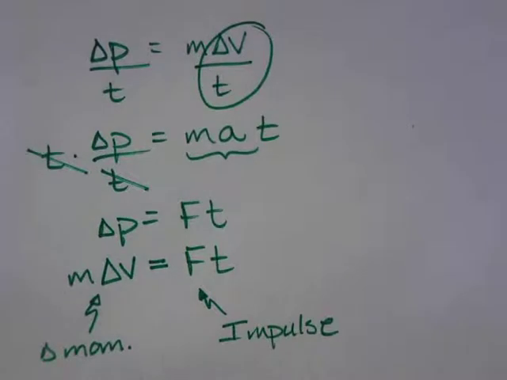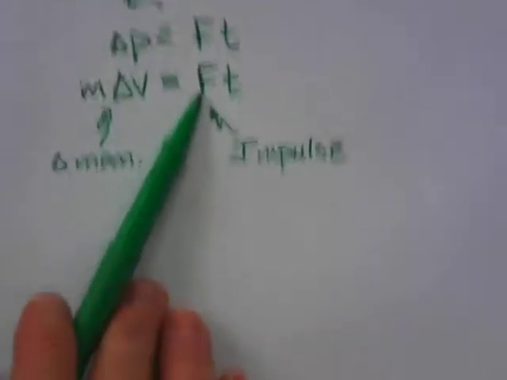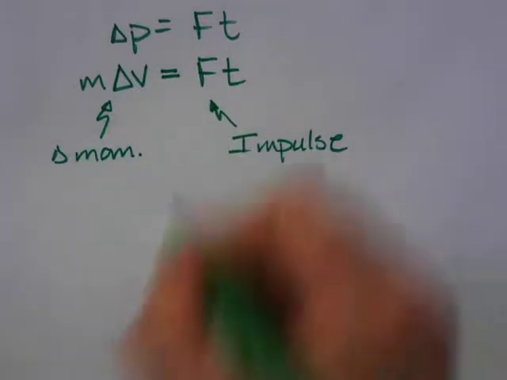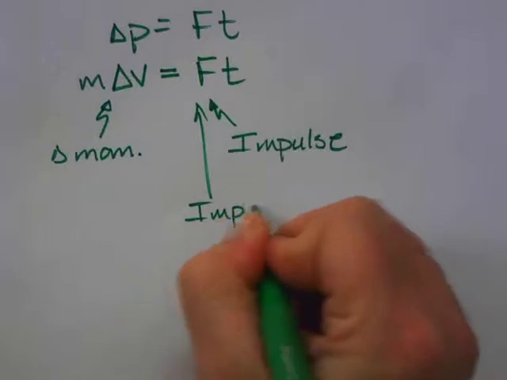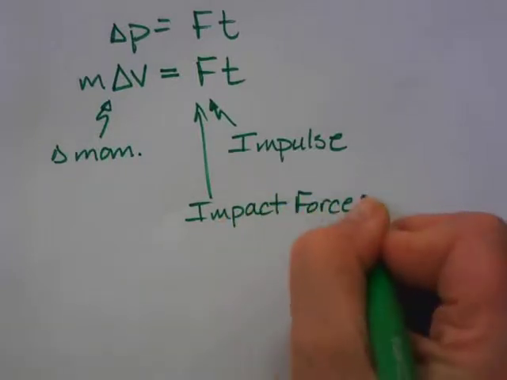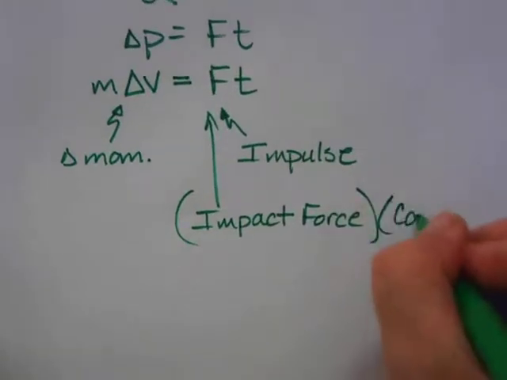F is the force on impact. So these are collisions that we're talking about. T is the contact time. So it's impact force multiplied by contact time.